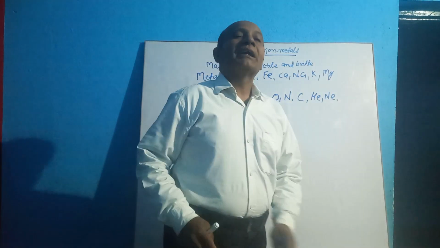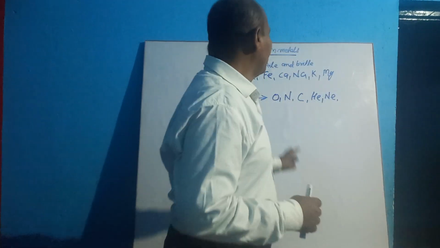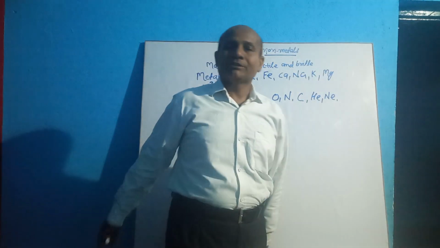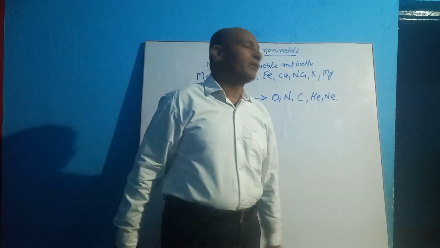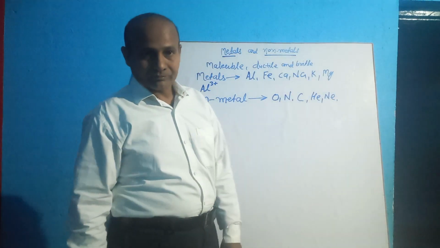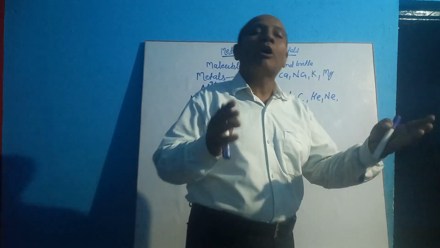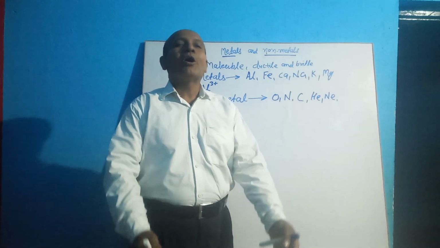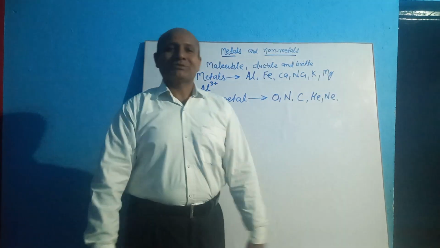During chemical reactions, non-metals form negative ions. Based on this observation, we can give another definition of non-metals. Non-metals are the elements which form negative ions by receiving, gaining or accepting electrons.